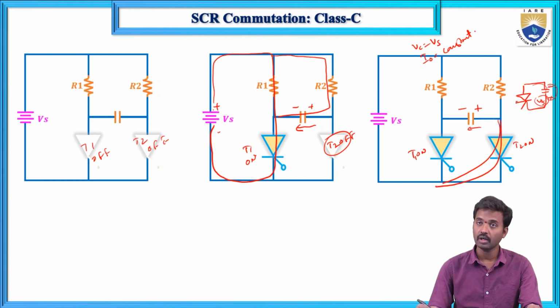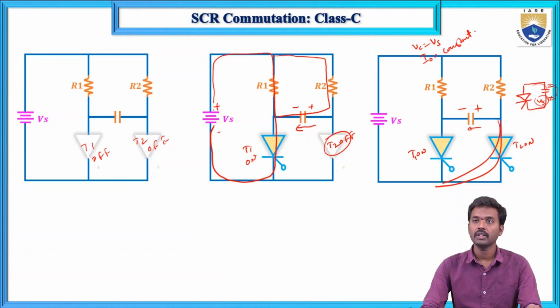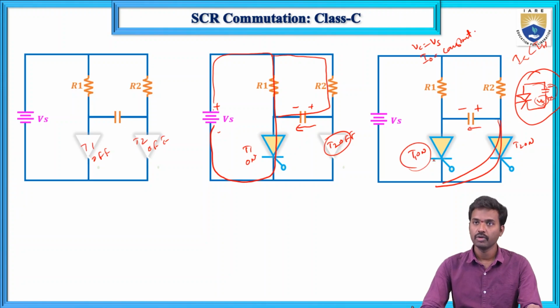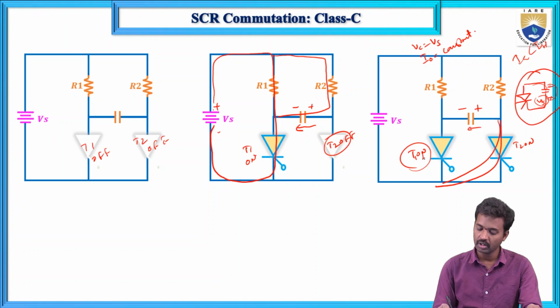The turn-off methods are either applying a reverse potential or making the anode current less than the holding current. Here we apply reverse potential, so T1 will be off.